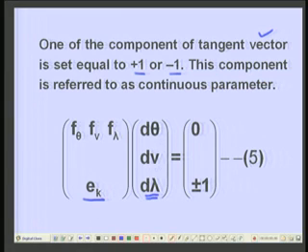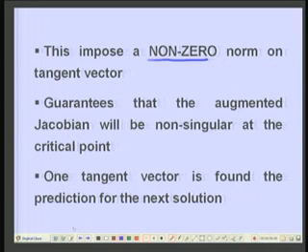First, it gives a non-zero norm tangent vector: if you find the norm of this tangent vector, it will come out to be non-zero, it will not become 0. Second, it guarantees that the augmented Jacobian will be non-singular, that is, the Jacobian which we have now augmented becomes non-singular, and you can find the tangent vector.